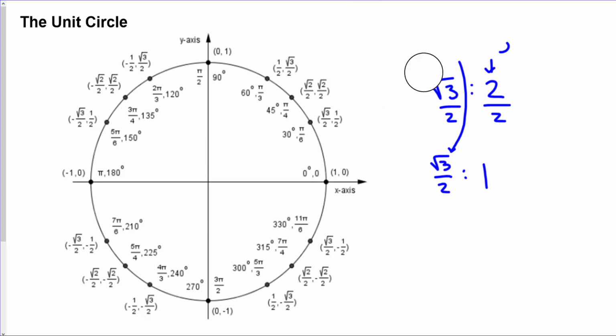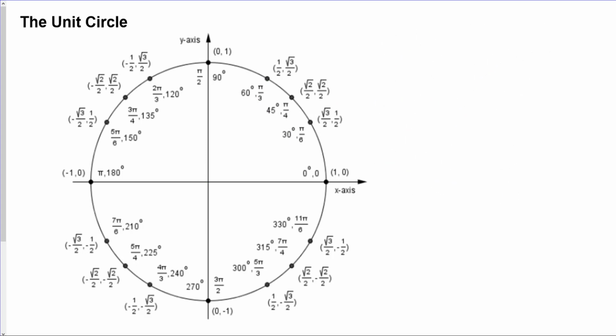Now, from here, what I want you to notice is symmetries. First thing is, if you look at the coordinates square root of 3 over 2 and 1/2, square root of 2 over 2, square root of 2 over 2, and then the 1/2, root 3 over 2, there's a mirror image of that point over here in quadrant 2.